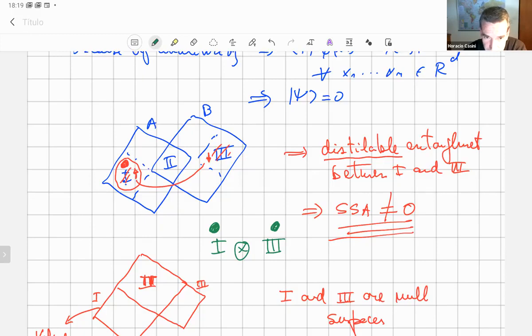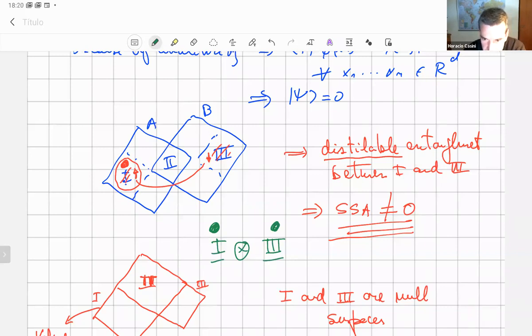This means that you can always, in these cases, extract EPR pairs from your state without interactions between the two laboratories, between 1 and 3. You just use local operations.